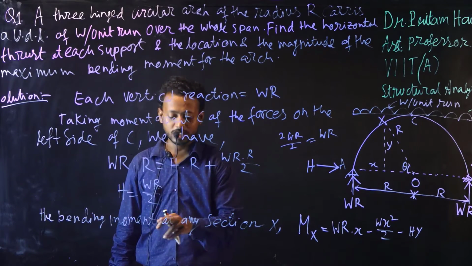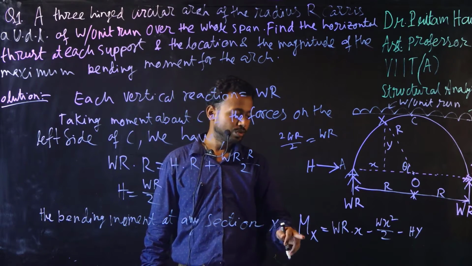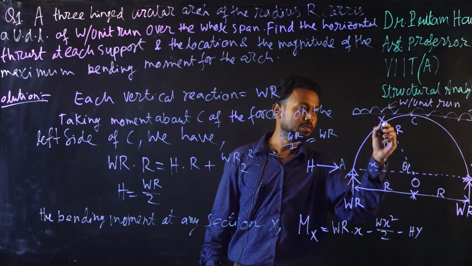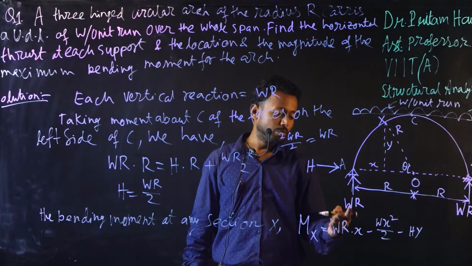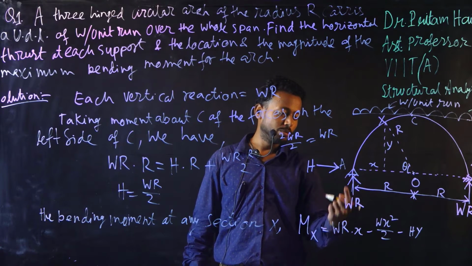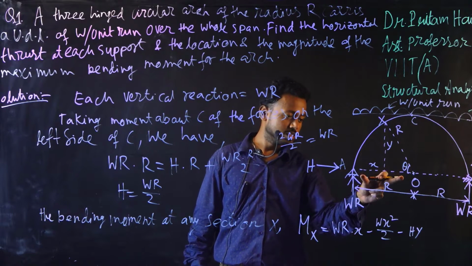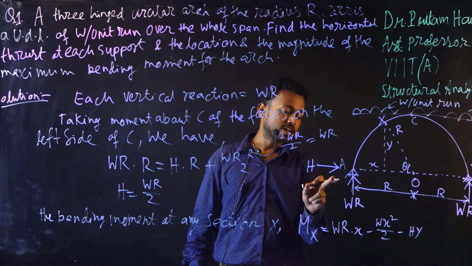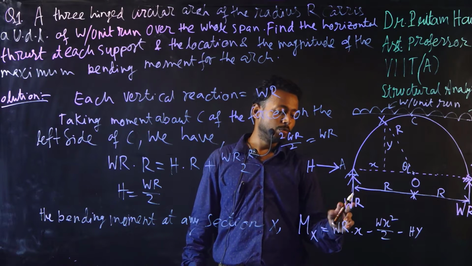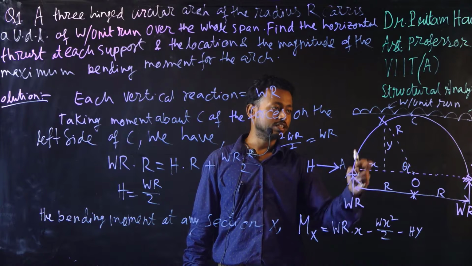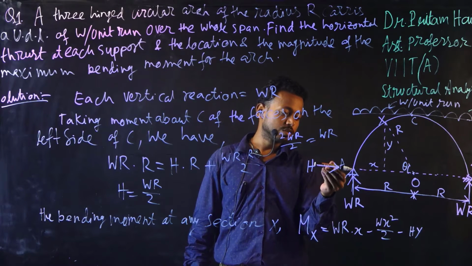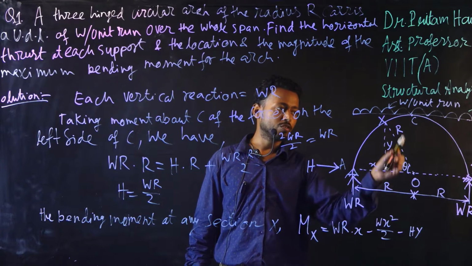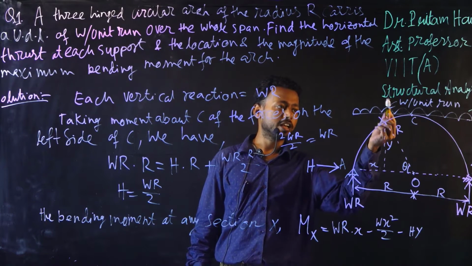The bending moment at any section x, we can write as follows. wr is acting in the upward direction, so wr into r. wr is trying to rotate this portion of the arch in the clockwise direction, but h is trying to rotate this portion of the arch in the anti-clockwise direction, and the UDL also in the anti-clockwise direction.